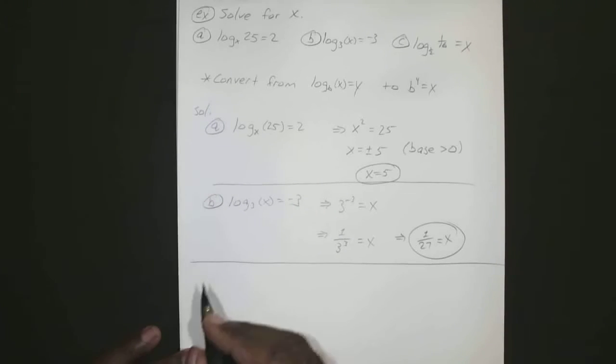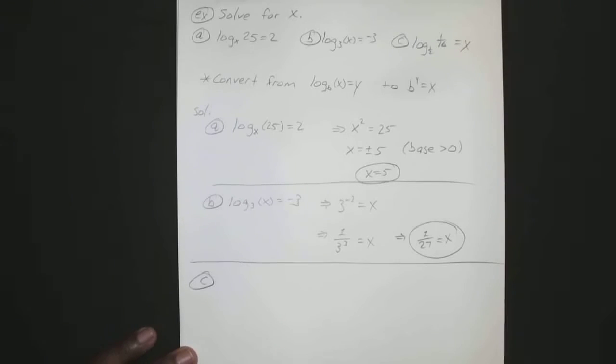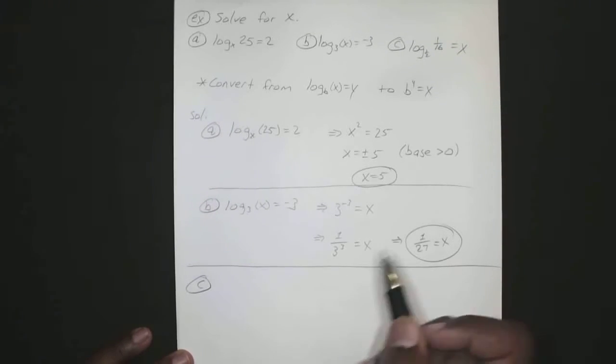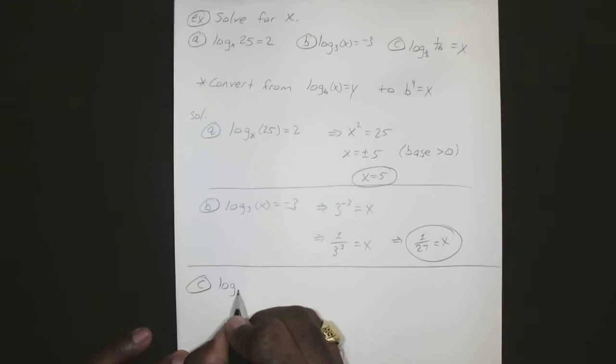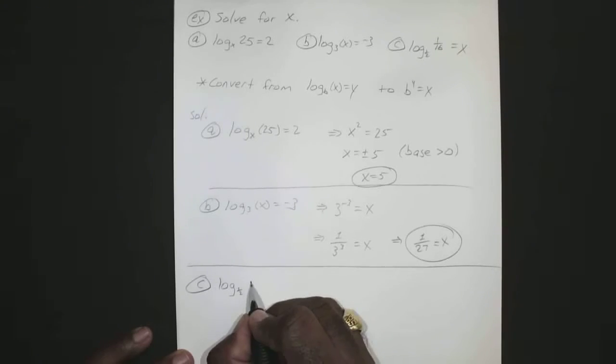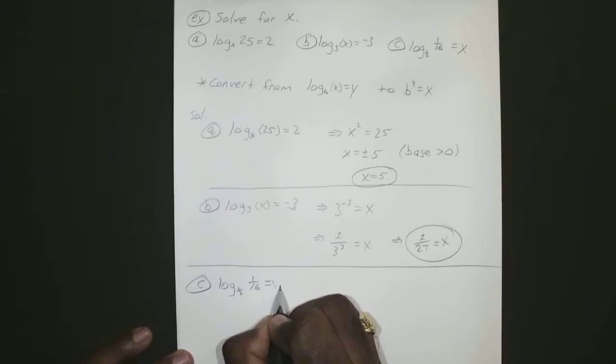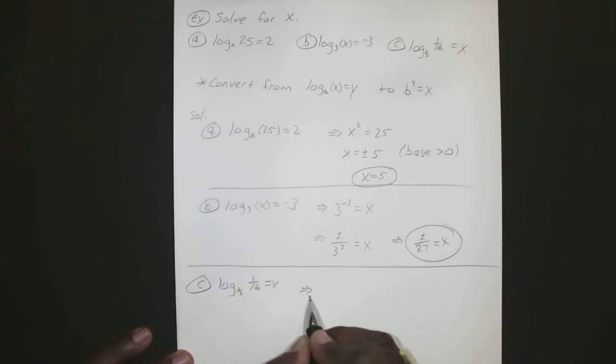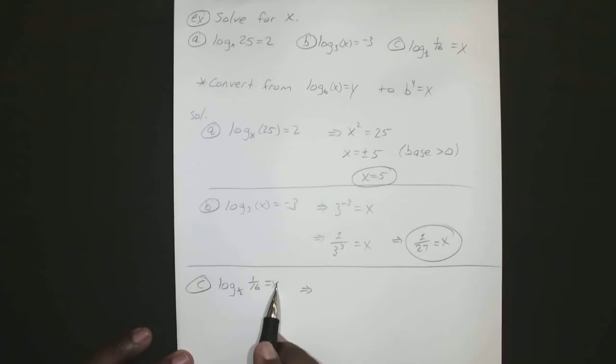Okay, now for C, we do the same thing. Log base 1/2 of 1/16 equals x. So we're going to convert that. 1/2 to the power of x equals 1/16.